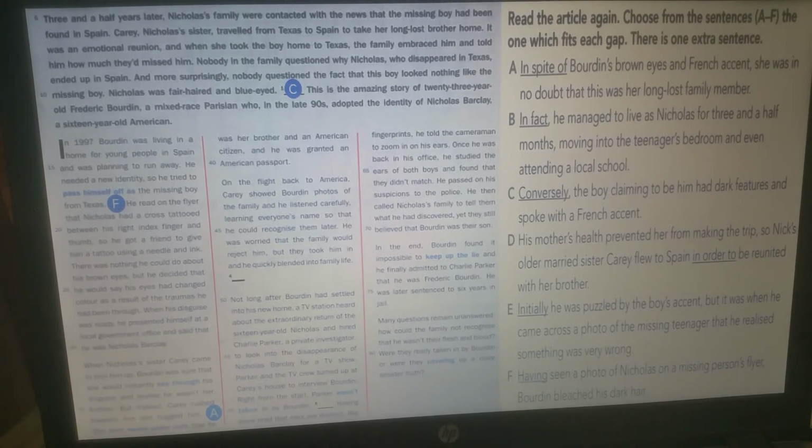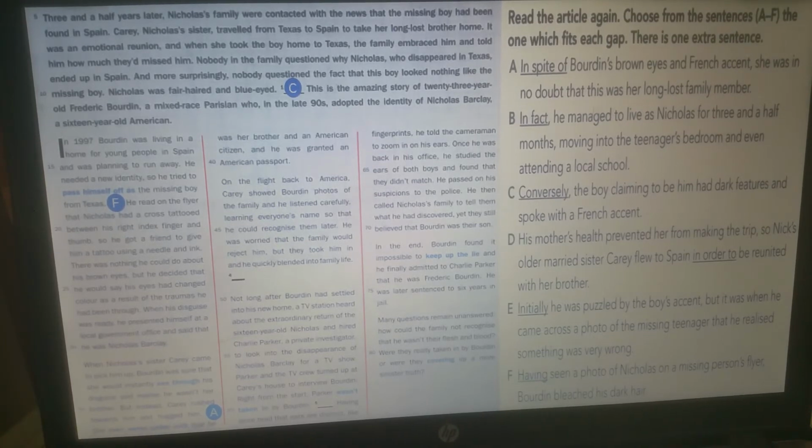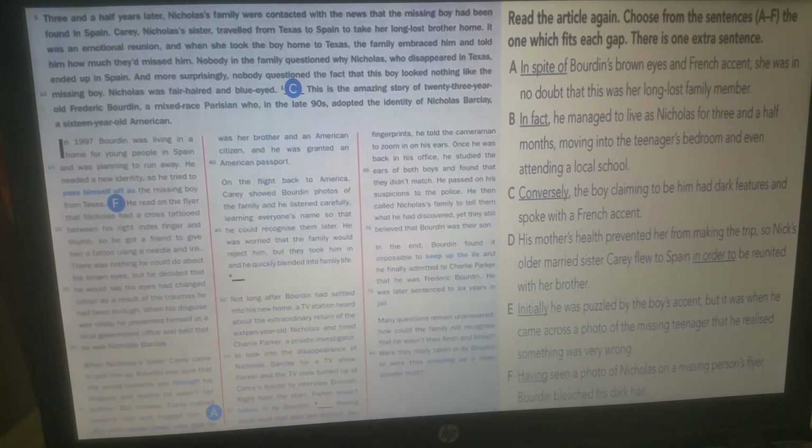So Carrie was in no doubt. And, as we can see, it continues, she even swore under oath. This is the connection that we have between A and the expression after that.